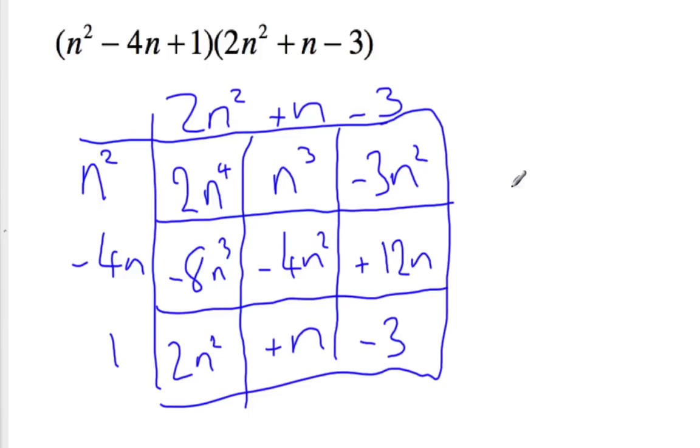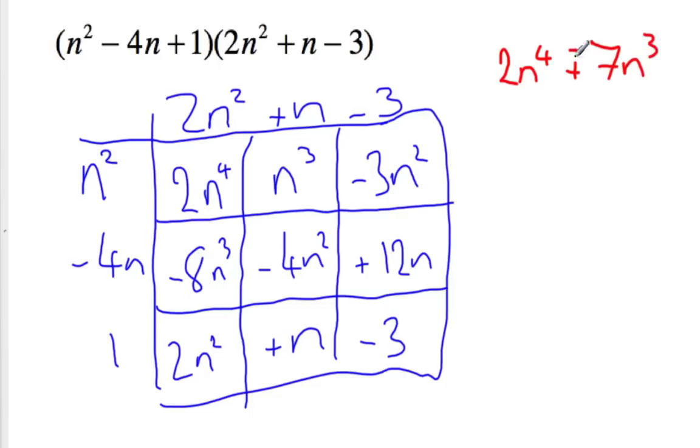Okay, so now we're just going to collect like terms. There's a lot of them there. A long one. Okay, so we look for all n to the power 4s, and there's 2 of them in the top left-hand corner. So 2n to the 4. Yep. N to the power 3s, we have 1 and a negative 8. So negative 8 plus 1 gives me a negative 7n cubed.